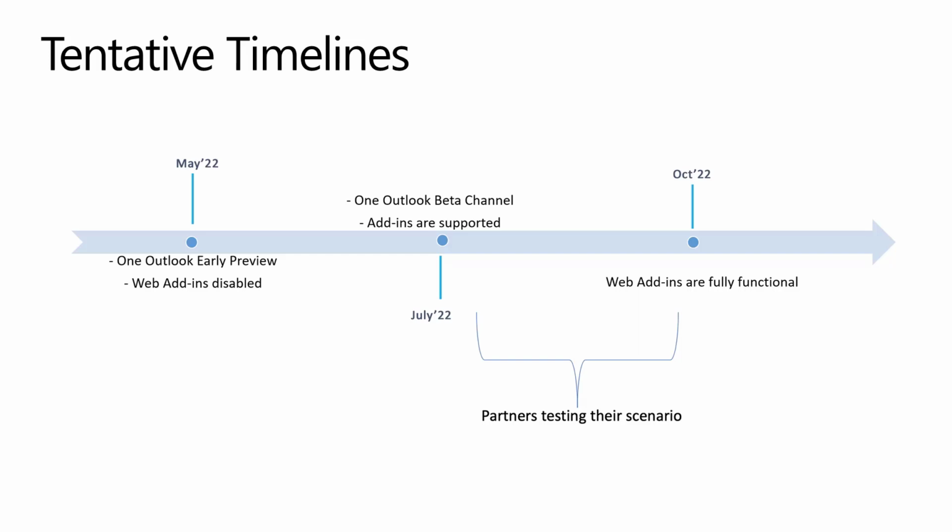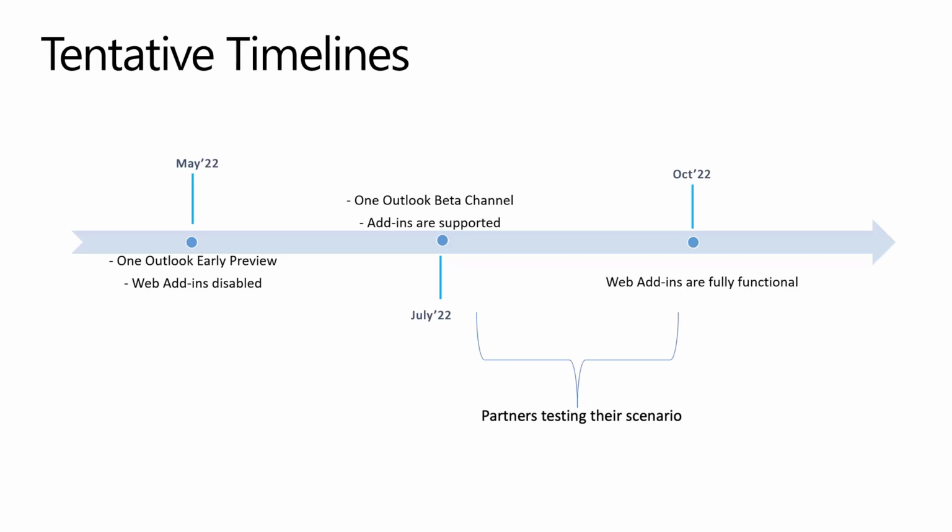In Win32, we have been doing this for a long time, but now we are stressing that investment even more. So if any of you have any requests or capabilities that you feel your Outlook add-in needs in order to be moved from VSTO to web add-ins, please communicate with us. I will leave my email in the chat. Please feel free to contact us and have a discussion about gaps that you see.